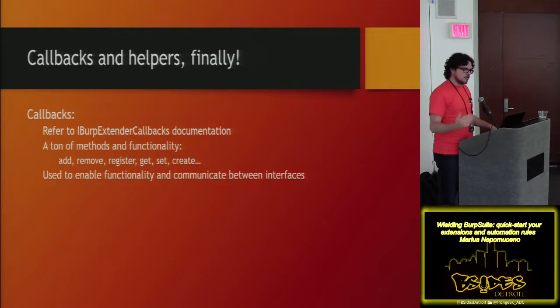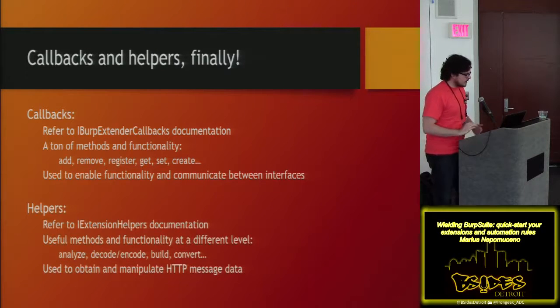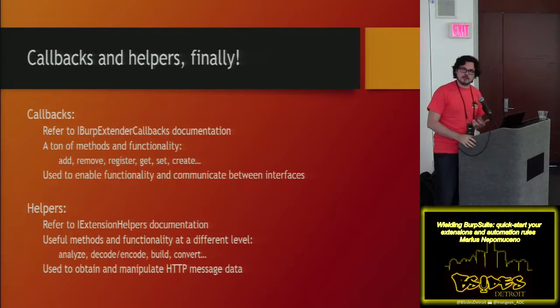And also to communicate between these different interfaces, between these different BurpSuite elements, different tools and tabs and things like that. Helpers, on the other hand, are useful for manipulating HTTP messages themselves. So analyze it, decode it, encode it, build an HTTP message, convert it to something else. It's got some helping methods like convert it to different representations, again, encoding, decoding, things like that. So a lot of obtaining and manipulating actual HTTP data so that your extension can call upon it.